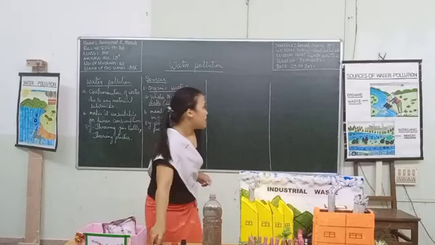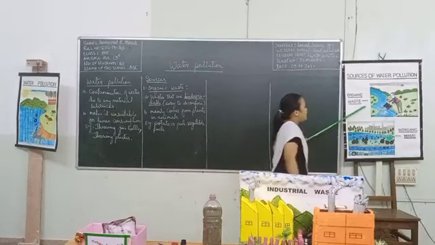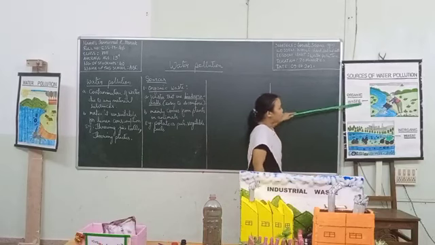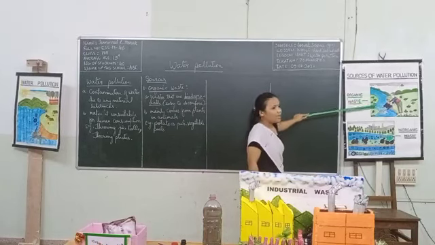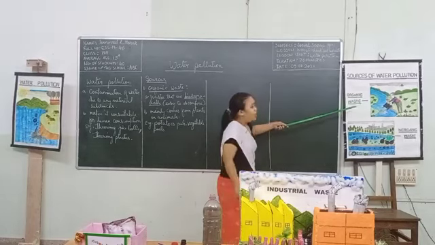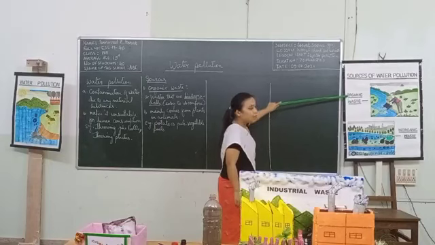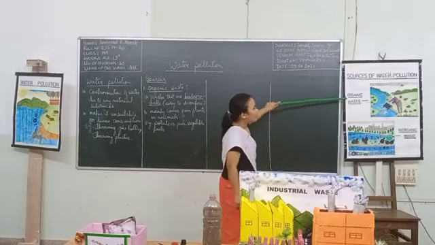Now class, have a look at this chart. Have a look at this first picture. Is this picture visible, class? Yes, ma'am. Philemon, what is written on it? Organic waste.